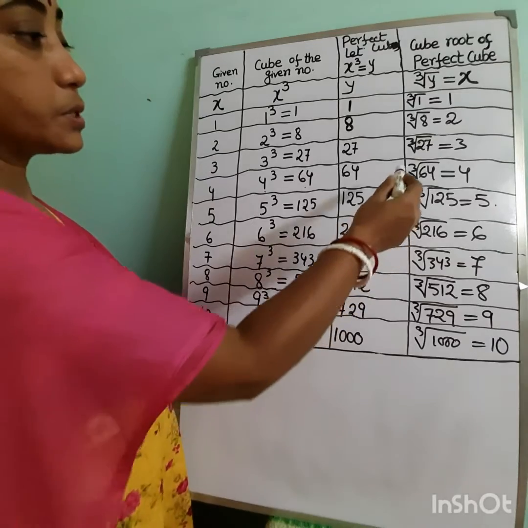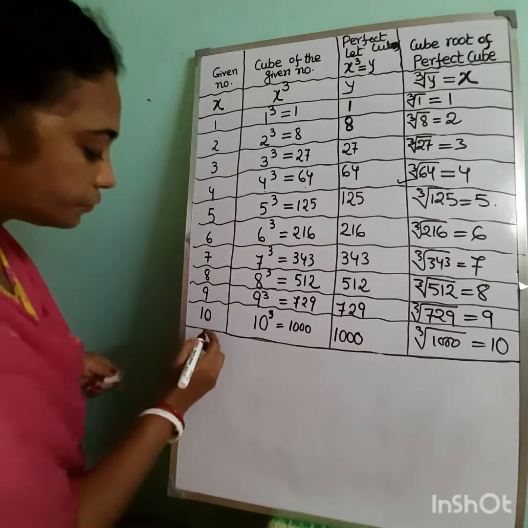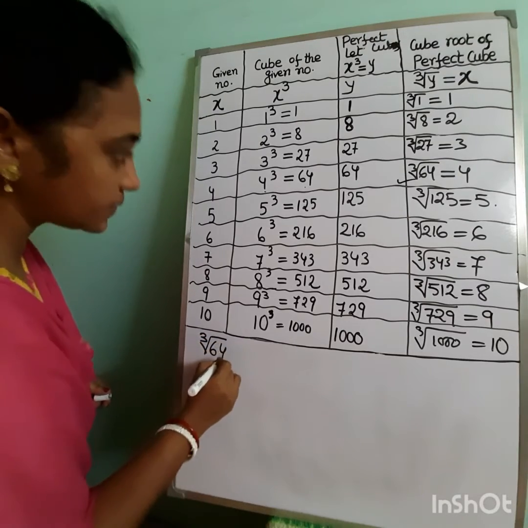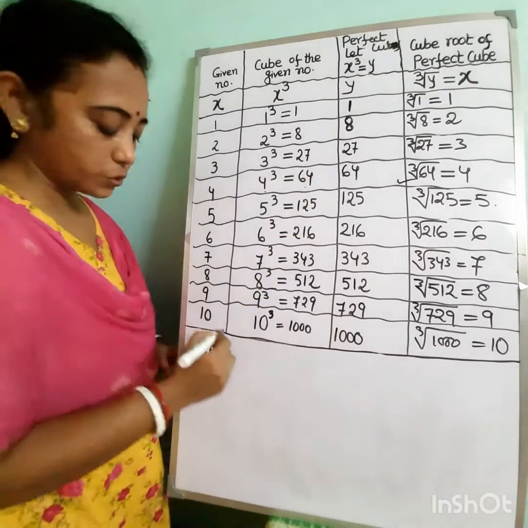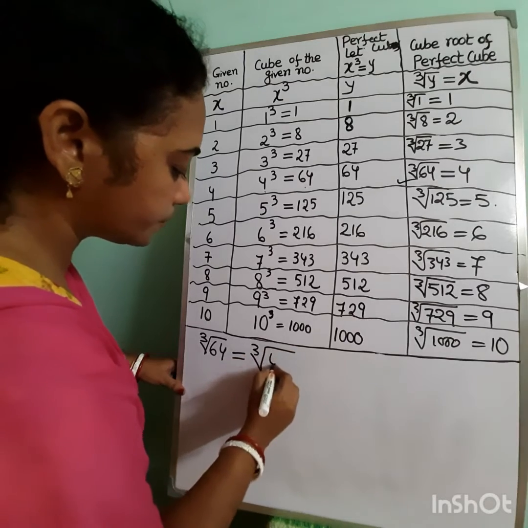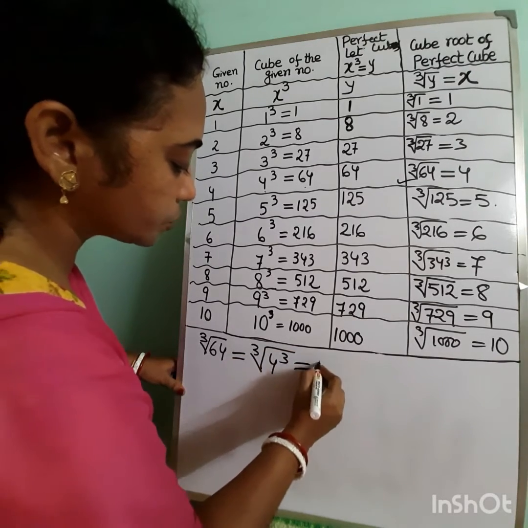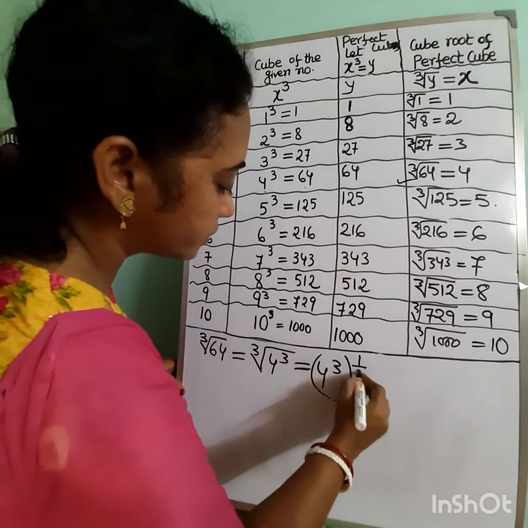Let us take any of these numbers. Let us take the cube root of 64. Now in this table, 64 means 4 cube. So in place of 64 we can easily write 4 cube. Now this cube root symbol can also be written as 4 cube to the power 1 by 3.